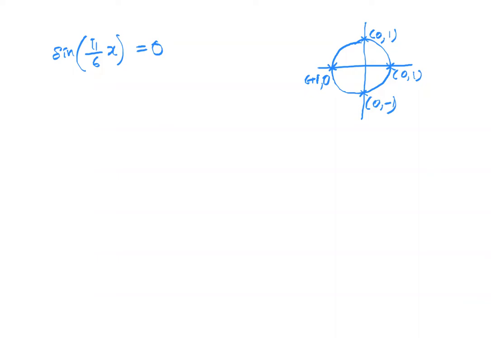And the angle is 0. When the angle is 0, yes, you are right. Thank you. If the angle is 0, that means cos 0 is 1. The X coordinate of this point represents the cos of the angle.